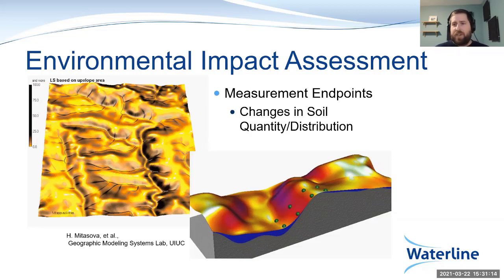And so you're assessing those changes. Generally speaking, if you take natural soil that has been developed over the course of the last 5 to 10,000 years, as soon as you strip that soil and replace it back, from a technical point of view, you can no longer call that same soil the same thing anymore. So the soil quantity and distribution will instantly change simply by virtue of it being disturbed.